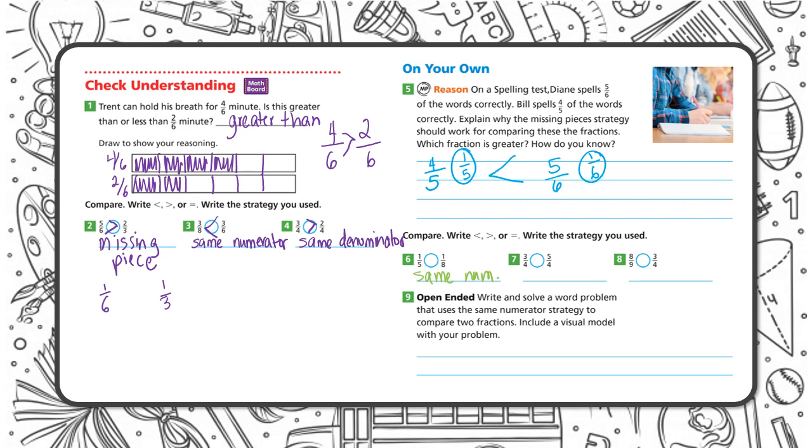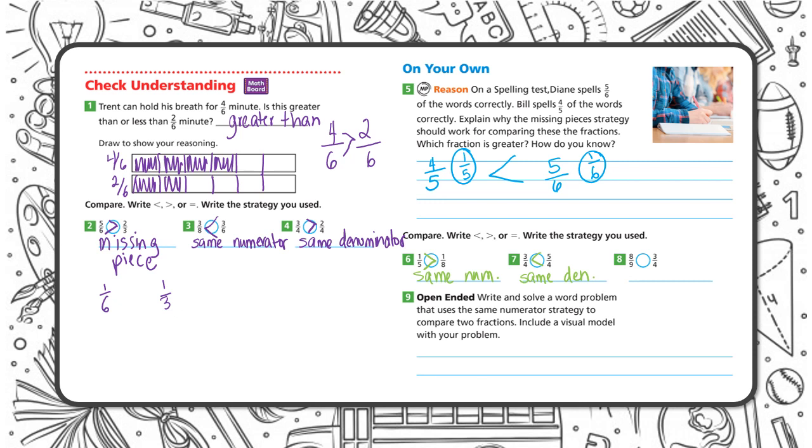So 1/5 is greater than 1/8. 3/4 and 5/4. These have the same denominator. Okay, and now I'm thinking about 3 parts or 5 parts. Well, 5 parts is definitely bigger. As a matter of fact, 5/4 is bigger than 1 whole, and I know that 3/4 is not.